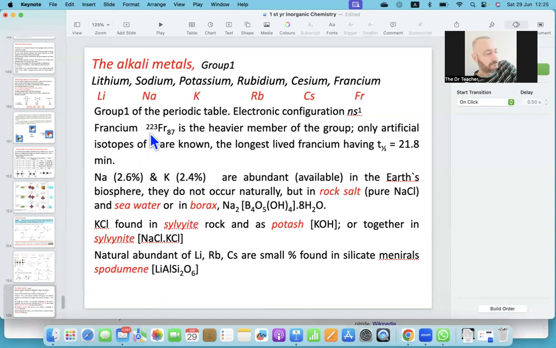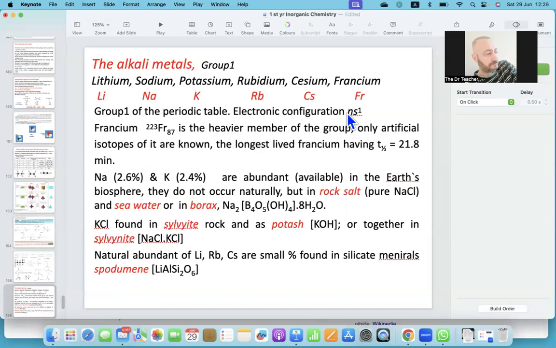Francium 223 is the atomic mass, and 87 is the atomic number. So the francium would end up with what? With s1 always. If you put the electron configuration for francium, you will end up with a number here to the left, and it's an s1 orbital.